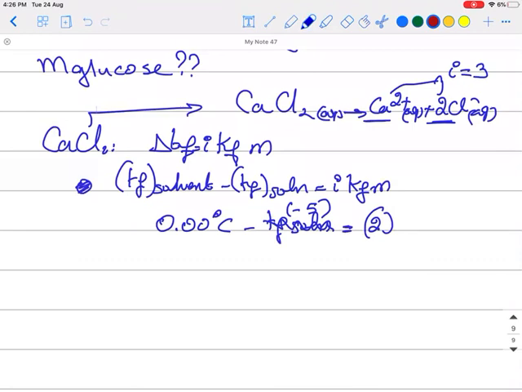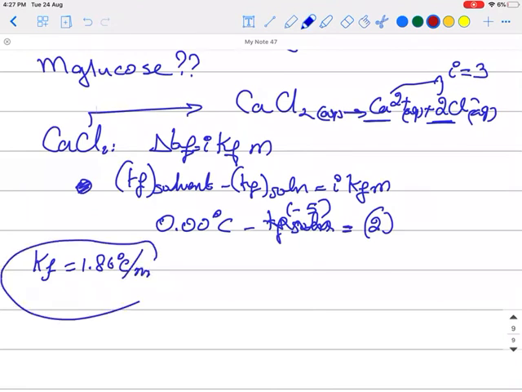Speaking about water, we know from number 1 that the K freezing of water is 1.86 degrees Celsius per molal. So 3 times 1.86 times the molality.